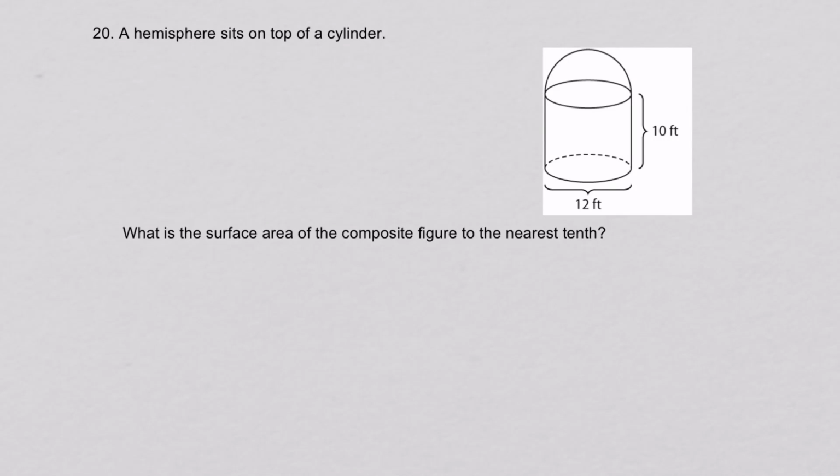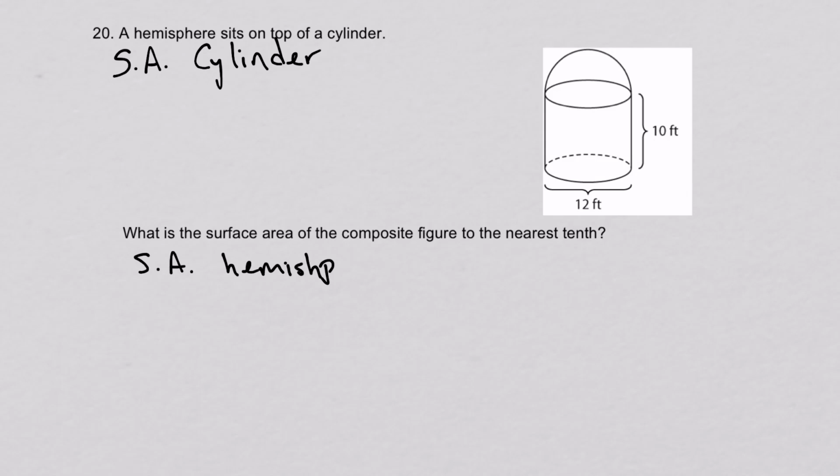Okay, number 20. A hemisphere sits on top of a cylinder. So we're going to find the surface area of the composite figure to the nearest tenth. You know what? I'm going to do two separate things here. Surface area of the cylinder first, up here, and I'm going to do the surface area of the hemisphere down here so I don't confuse them.